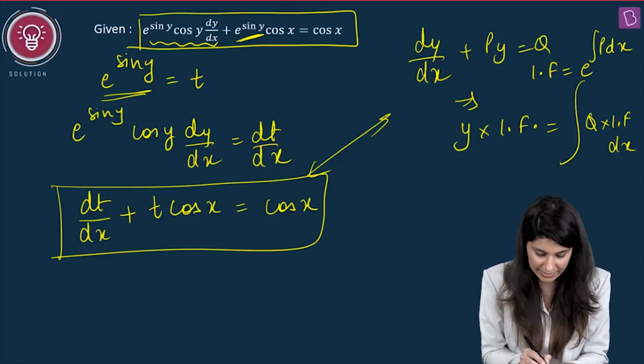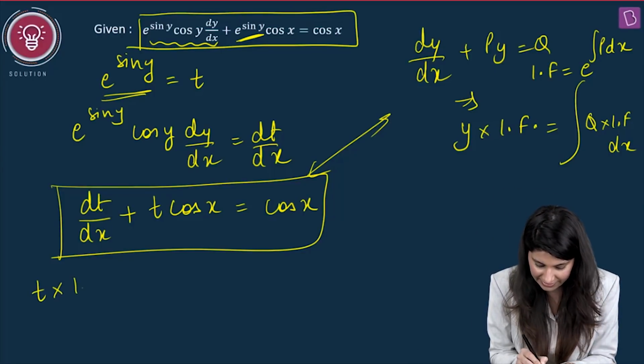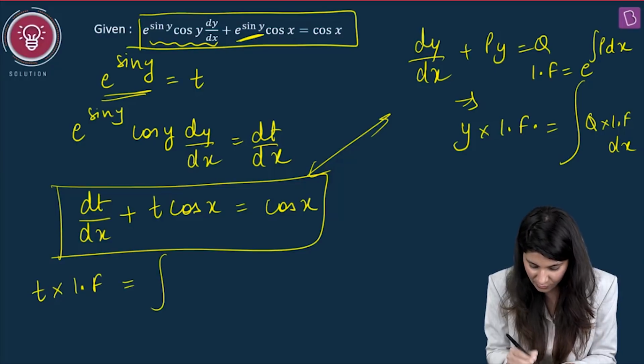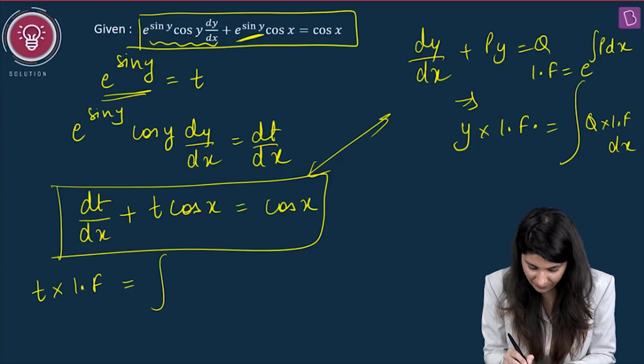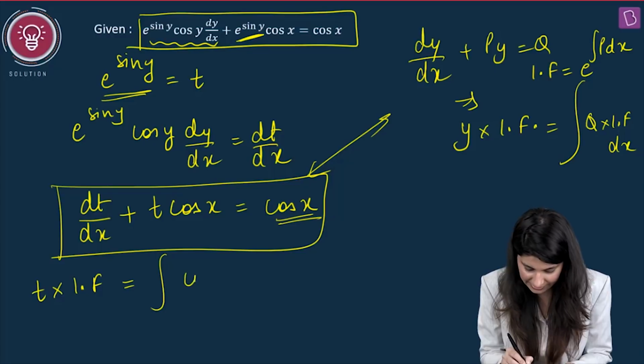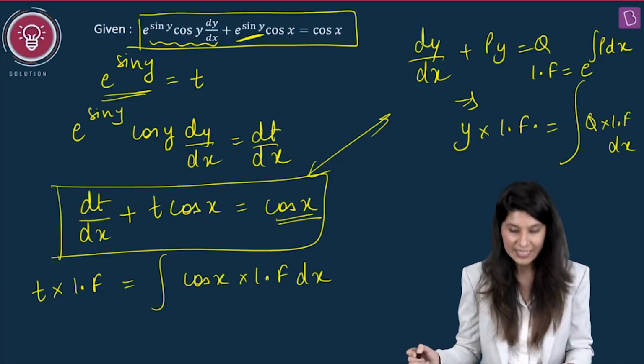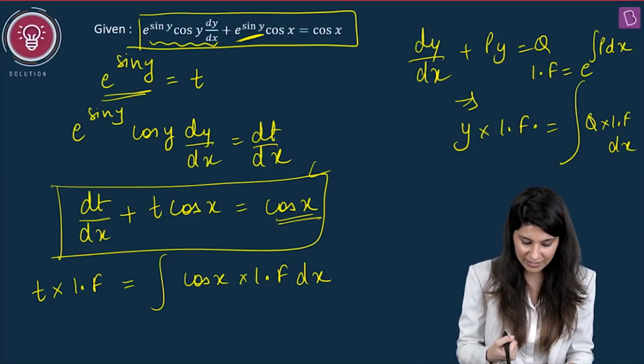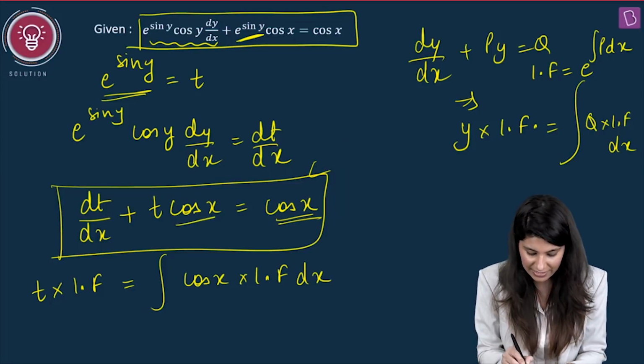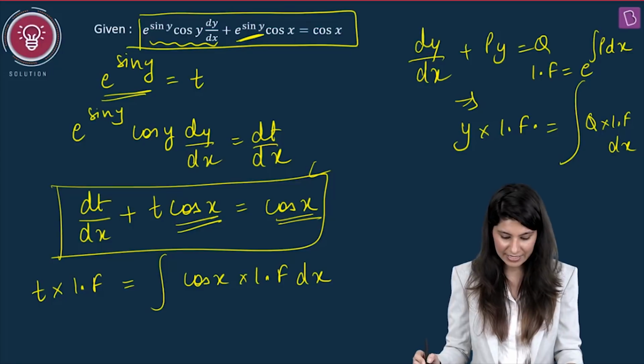Right? So in this, t multiplied by integrating factor equals integration of q. What is q? Cos x multiplied by integrating factor dx. Let's calculate the integrating factor. What would be the integrating factor? E raised to power cos x would be the integrating factor.